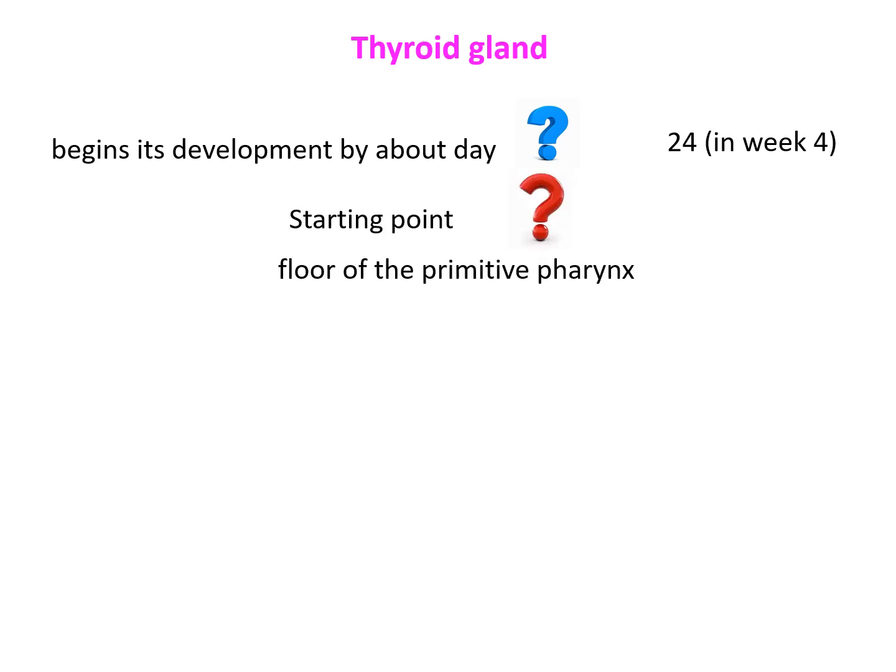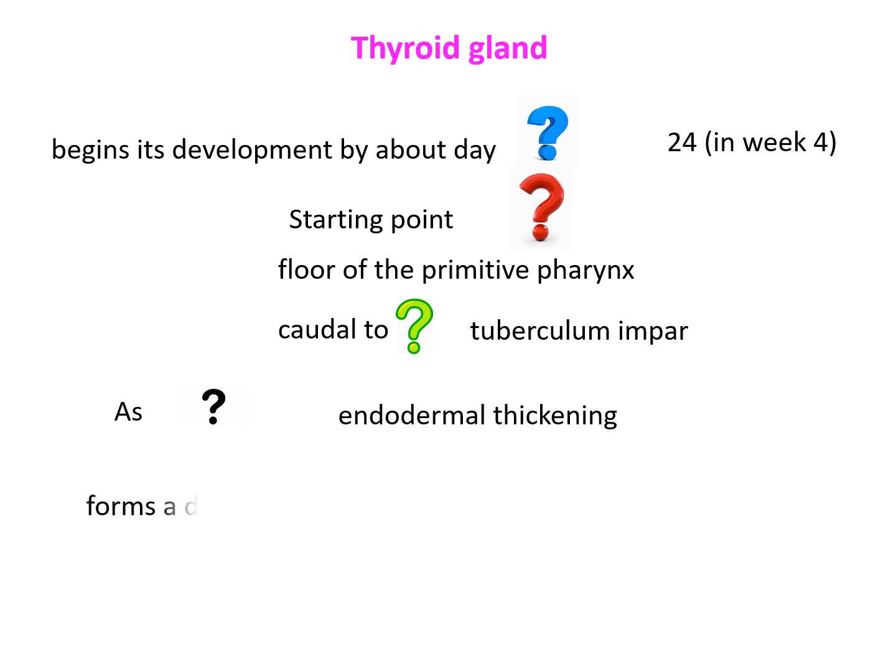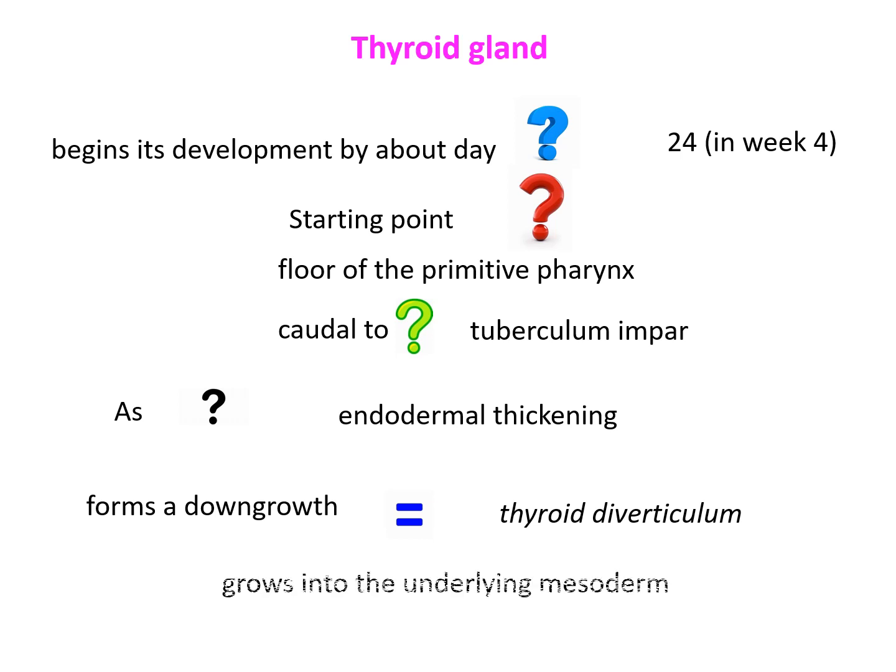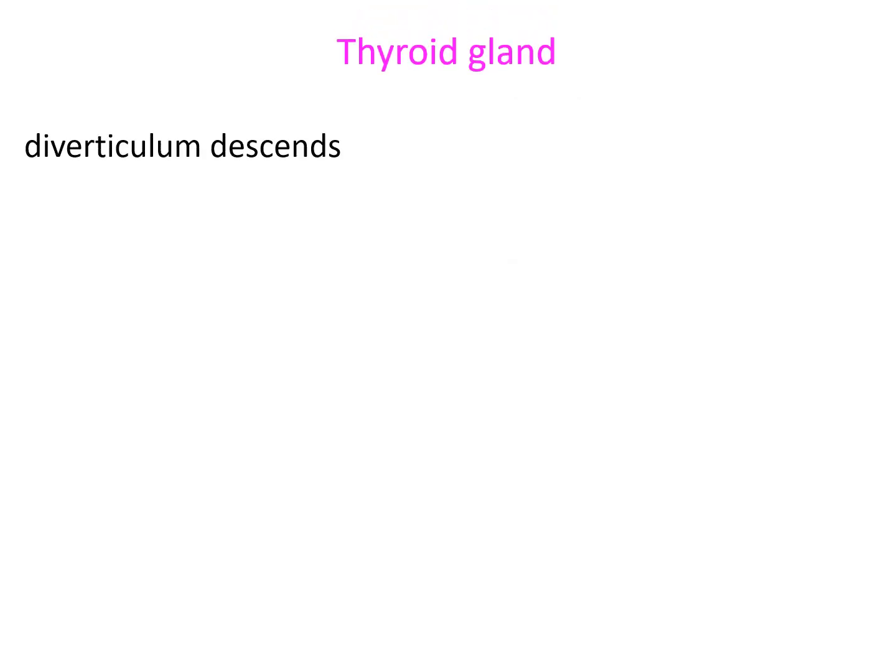The starting point is the floor of the primitive pharynx, caudal to the tuberculum impar of the tongue, as an endodermal thickening, and forms a downgrowth which is called the thyroid diverticulum, which grows into the underlying mesoderm. The diverticulum descends into the neck.